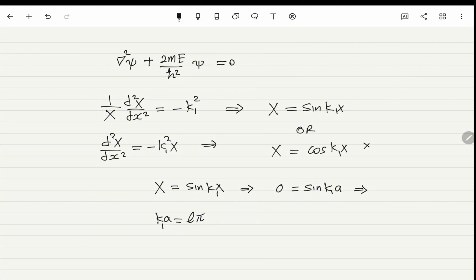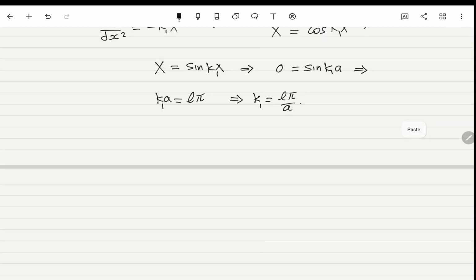L is actually some integer, so therefore k1 will be equal to L pi over a. L here again is an integer, and both conditions will be satisfied because sine L pi over a x equals 0 when x equals 0 and x equals a. Therefore, the solution X will be equal to sine L pi over a x.